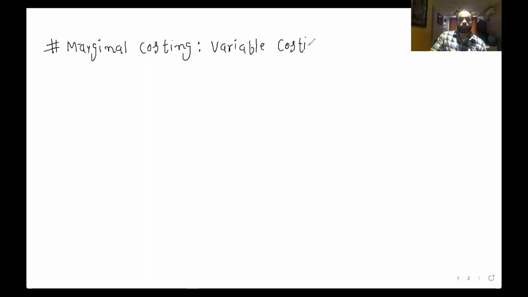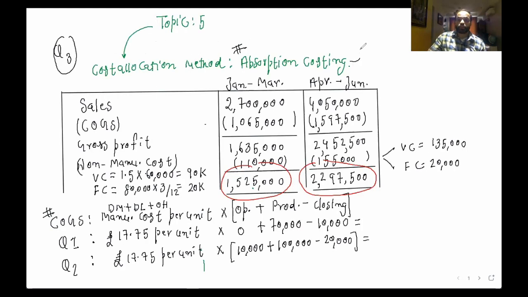Like absorption costing has another name, which is full costing, right? Why we call it full costing? Because both fixed and variable part of production, part of manufacturing. That's why absorption costing also known as full costing method.